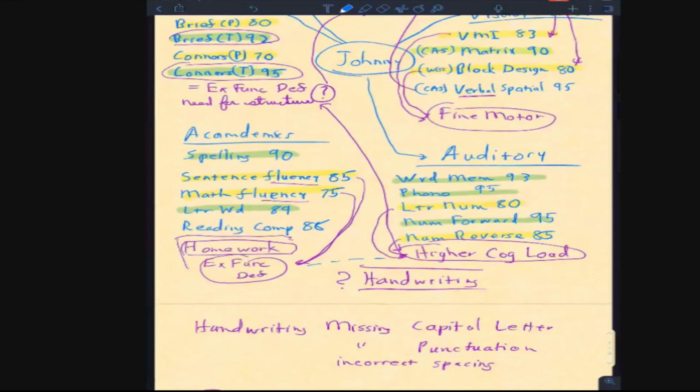So I'm going to connect it with a dotted line because I'm not sure there's a connection there, but I wouldn't be surprised. We definitely speak more in sentences than we write in math. And if the math fluency is lower because it's a higher cognitive load for Johnny, then that also means it's being affected by the executive functioning delay, which we think is probably affecting the higher cognitive load manifestation. Excellent question. Very good.